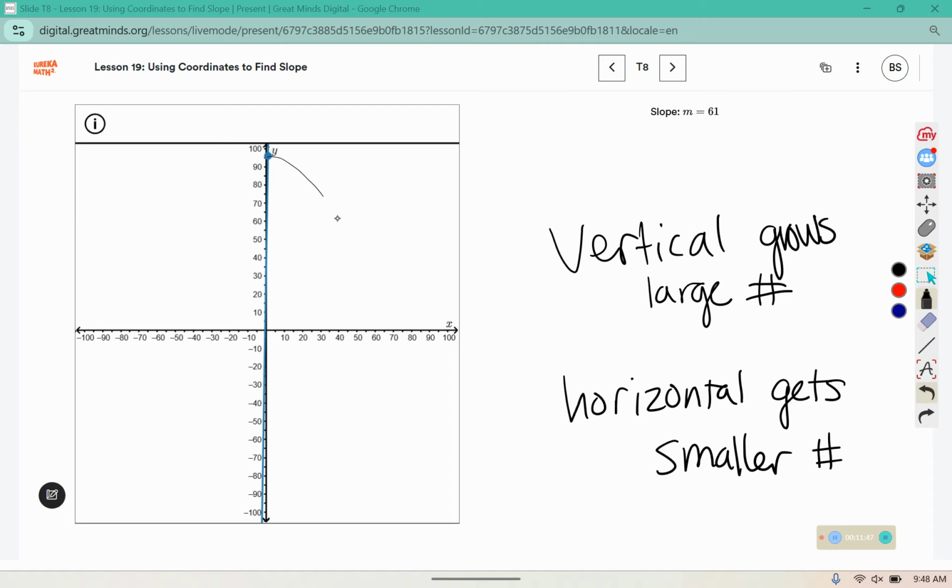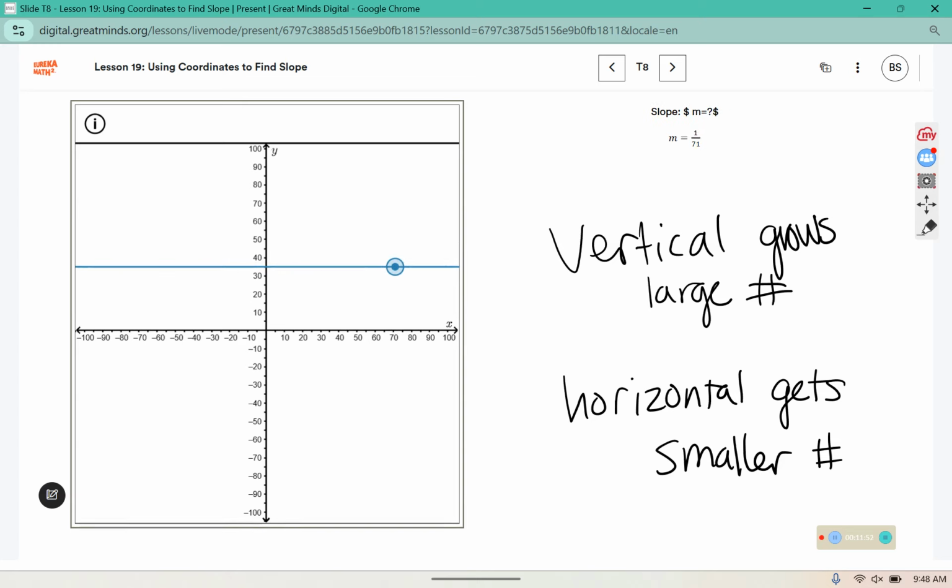Closer and closer to 0. You can see we had 0.03, 0.01. So it's very, very small as we get closer to a horizontal line. And as we become more and more of a vertical line here, it's growing very rapidly.